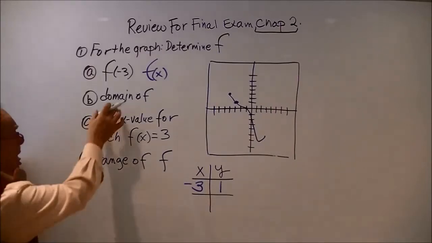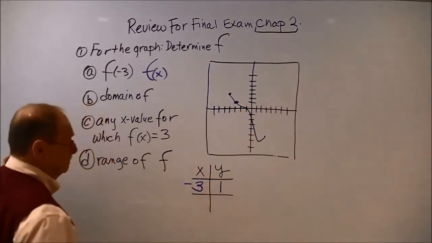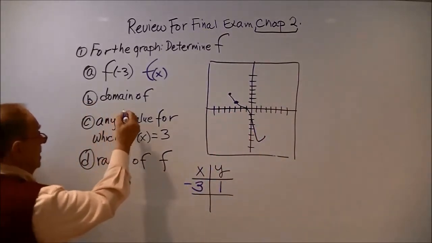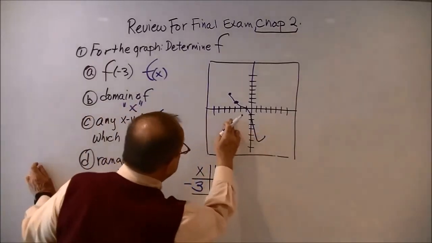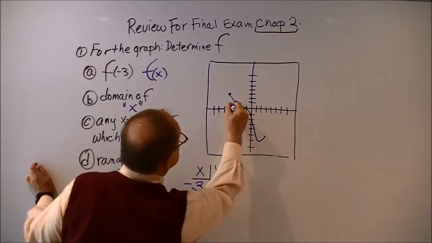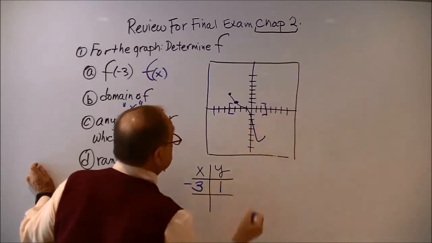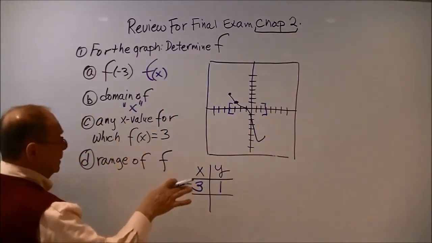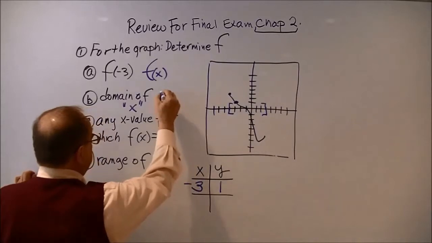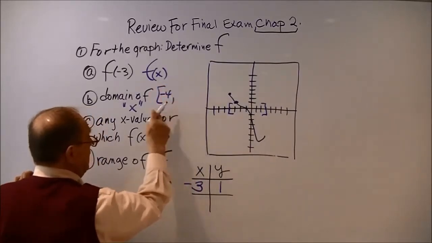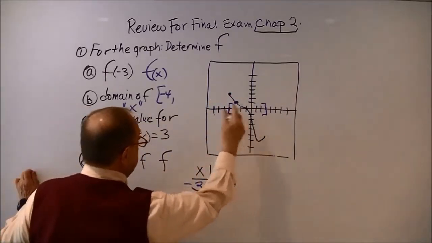All right, then they're asking, what is the domain of this function that we have shown here? Well, remember, domain are our x values. So let's look at our graph. Our x values start right there, and they go up to right there. So in interval notation, our domain will start at -4, using a bracket to indicate it's part of the set, and goes up to a 3.